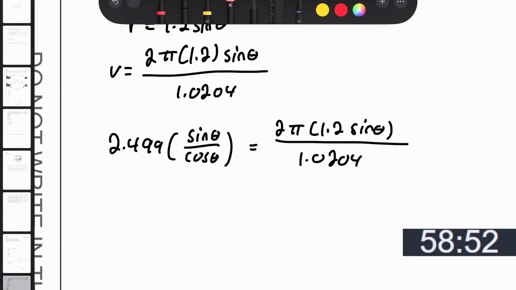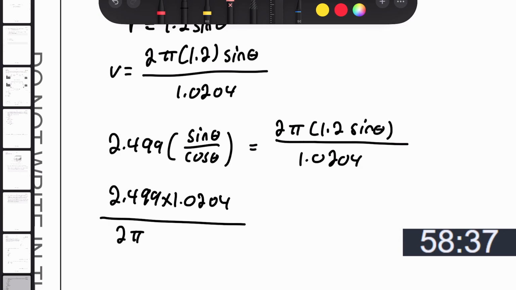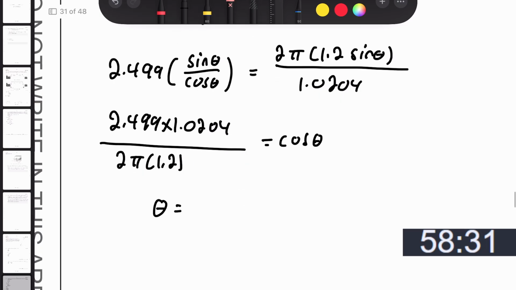Divide everything by sine of theta, multiply cosine of theta to the right hand side, and then rearrange. So let's do 2.499 times 1.0204 over 2 pi times 1.2. It's going to be equal to cosine of theta. So then theta is just going to equal the inverse cosine of what this is.